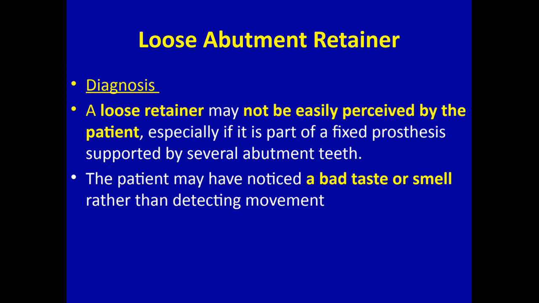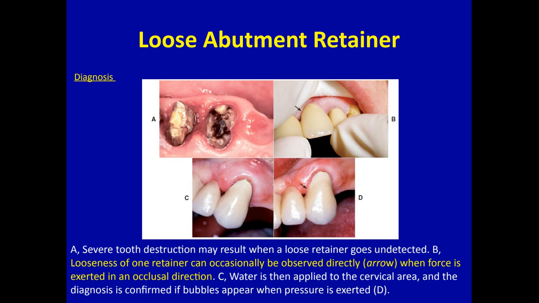The patient complains of bad taste or smell rather than movement of the loose retainer, especially if the FPD is supported by several abutment teeth. It is very difficult to detect the loose abutment retainer, and the only complaint of the patient is bad taste and smell.